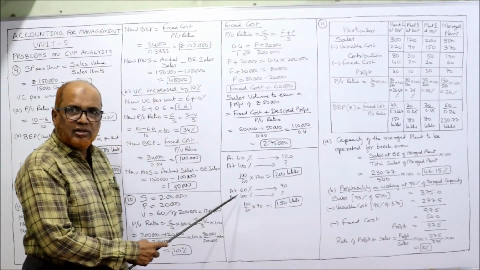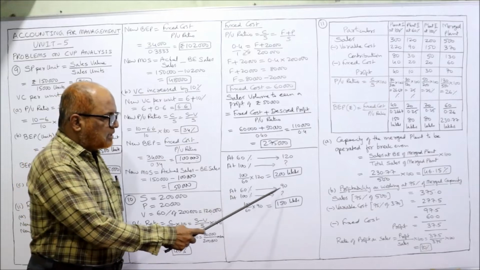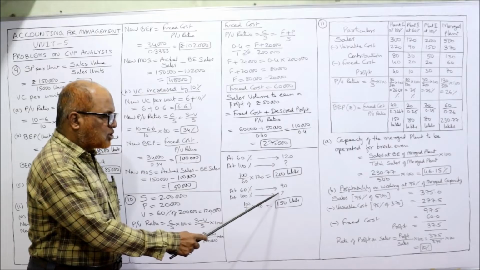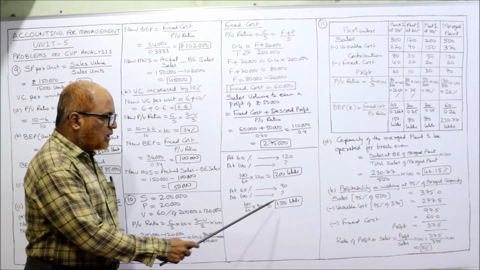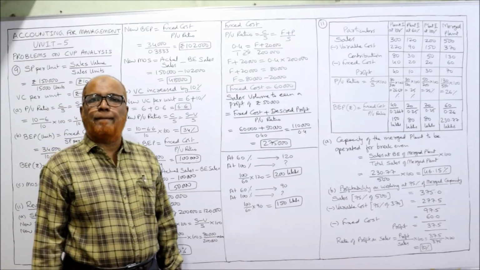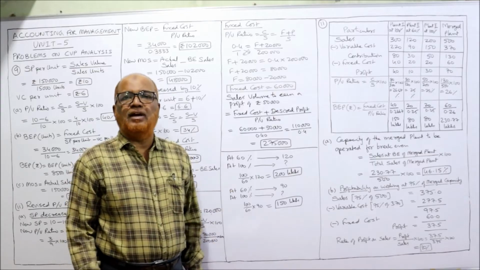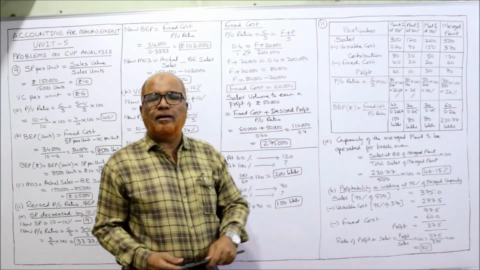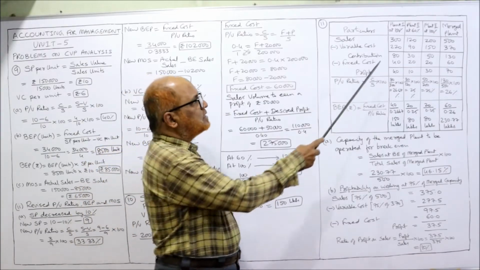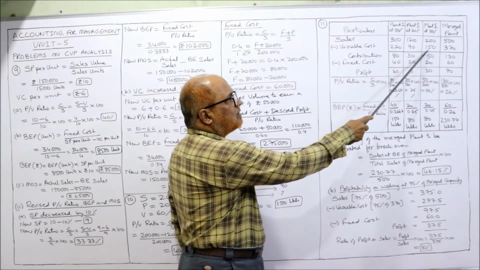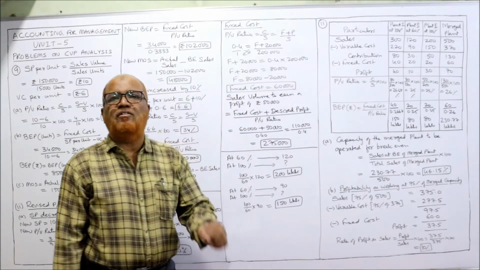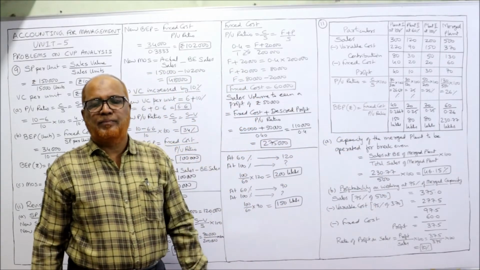So here are the calculation. At 60% capacity, the variable cost is 90 lakh. At 100% capacity, how much? So 100 by 60 into 90, you will get 150 lakh. So 150 lakh is the variable cost at 100% capacity. Merged plant, combined. Plant 1 100%, 220. Plant 2 100%, 150. So 220 plus 150, 370 lakh is the variable cost of the merged plant.